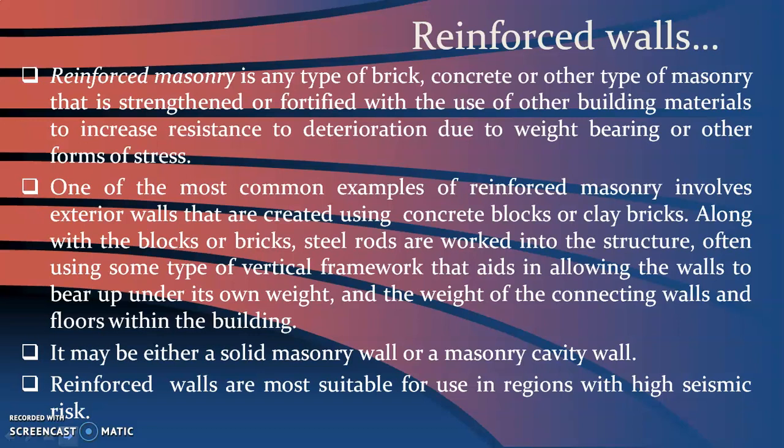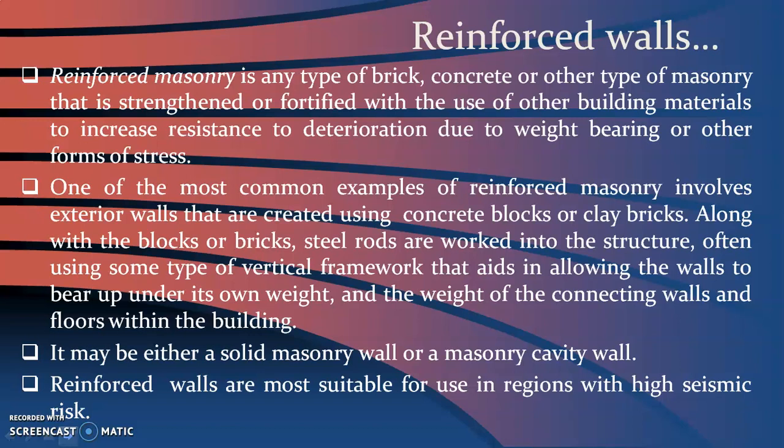One of the most common examples of reinforced masonry involves exterior walls that are created using concrete blocks or clay bricks. Along with the blocks or bricks, steel rods are worked into the structure, often using some type of vertical framework that aids the walls in bearing their own weight and the weight of the connecting walls and floors within the building.